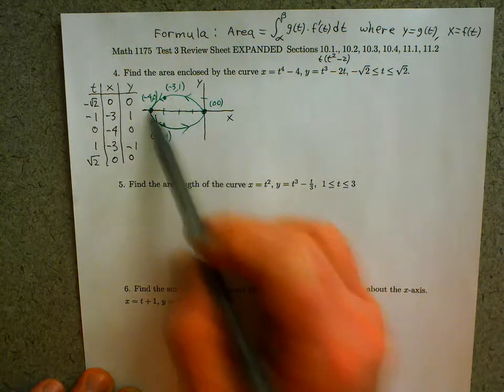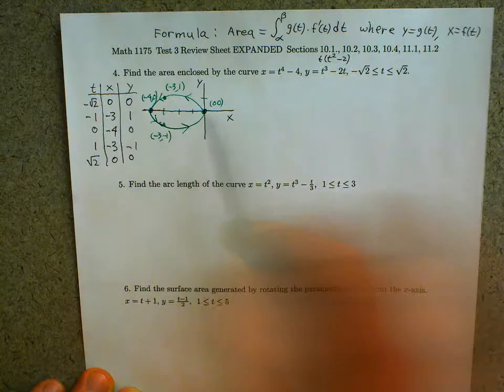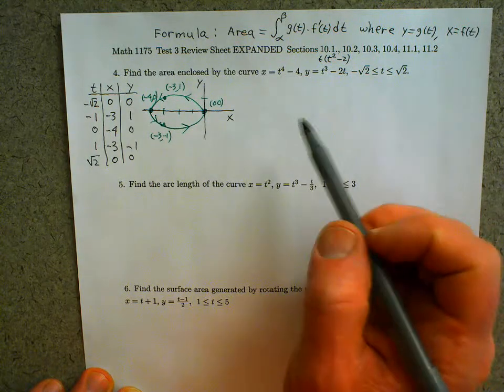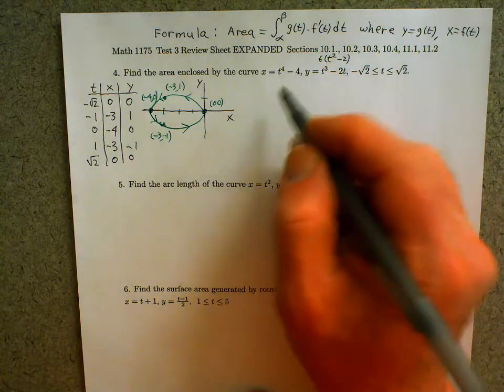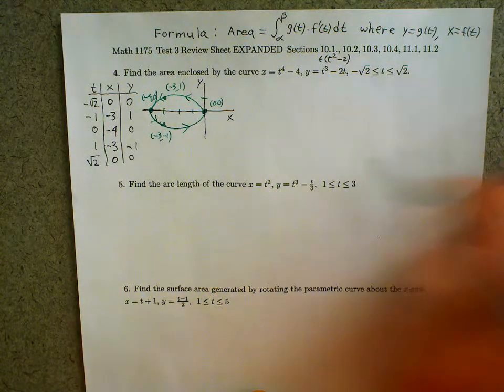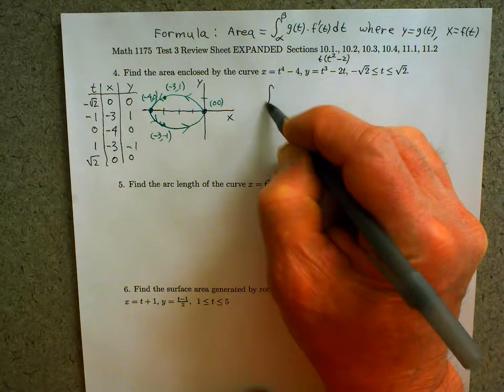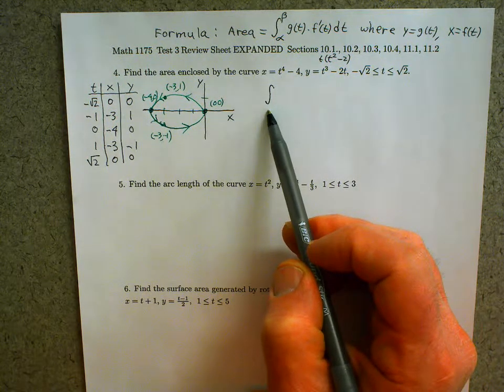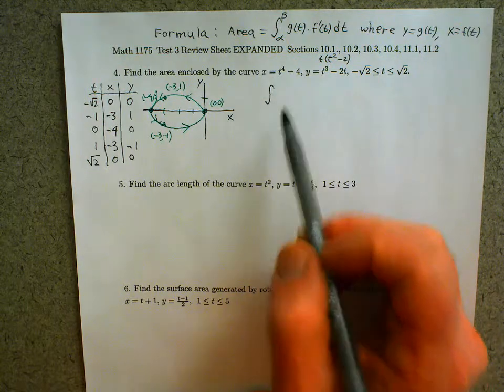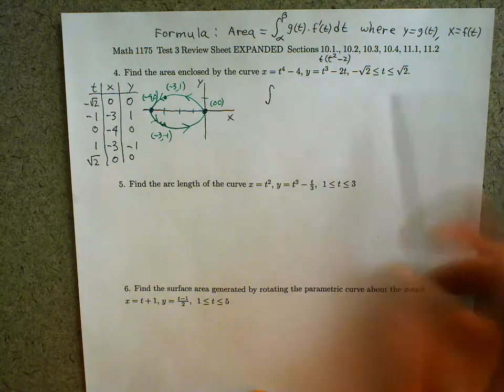So this indicates that if we compute the integral for the area enclosed, with limits from negative square root of 2 to positive square root of 2, the integral is going to be a negative number.